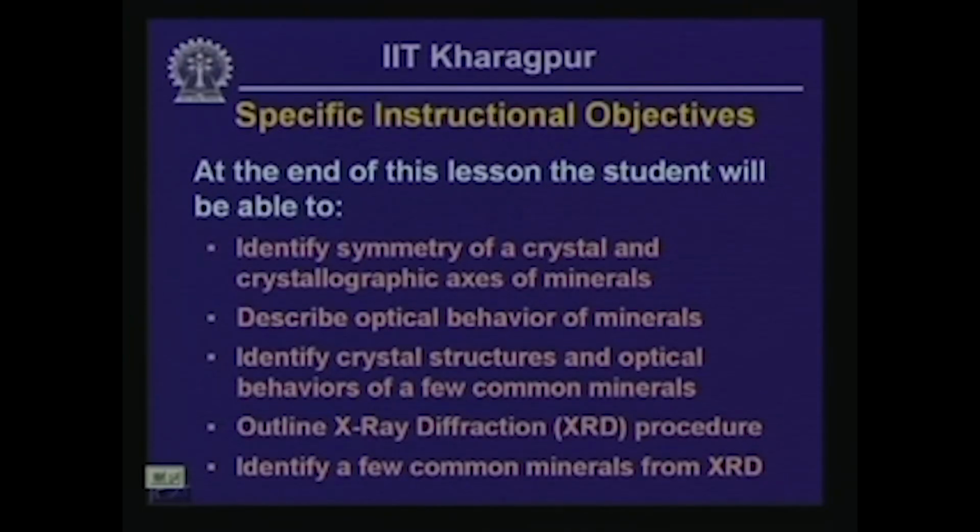We are going to describe the optical behavior of minerals and distinguish one mineral from another by looking at their different optical behaviors. Thirdly, we would like to identify the crystal structures and optical behavior of a few common minerals.